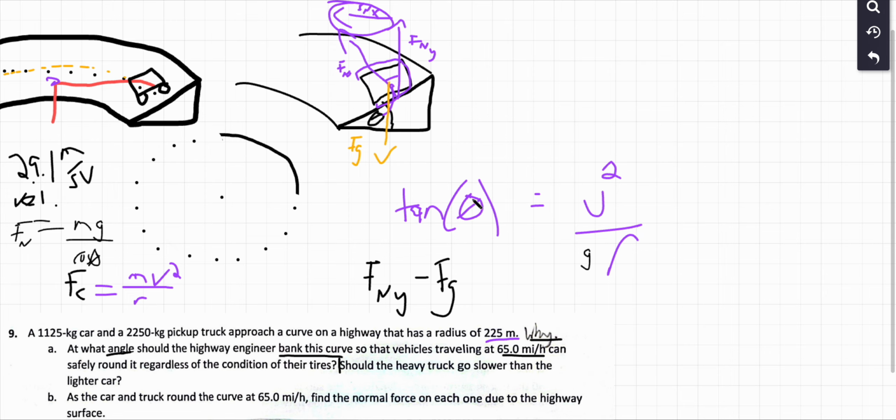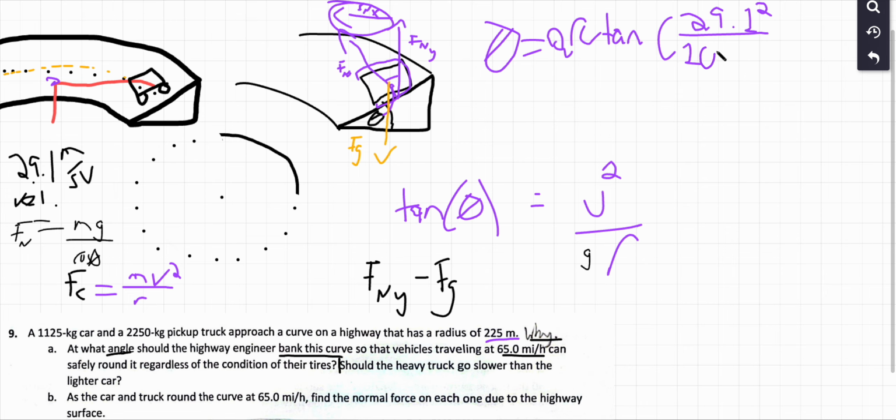And if we want the theta itself, we need to get it out of this tangent. We need to take the inverse of the tangent, which is arctangent. Oh, wait, wrong order. Theta equals arctangent of velocity squared, which we said earlier was 29.1, squared, over our gravity, which, for the sake of convenience, is 10.